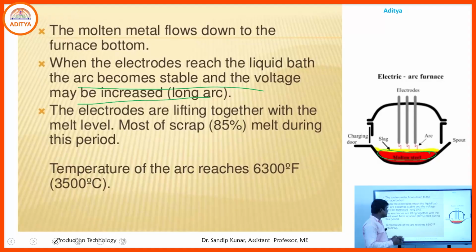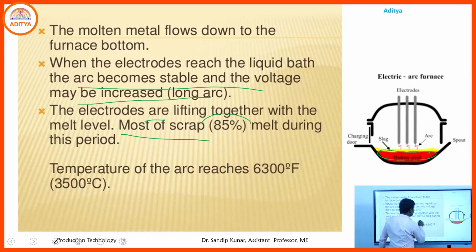So the electrodes are lifted as the scrap is converted to molten metal. Then most of the scrap, near about 80%, will be melted.